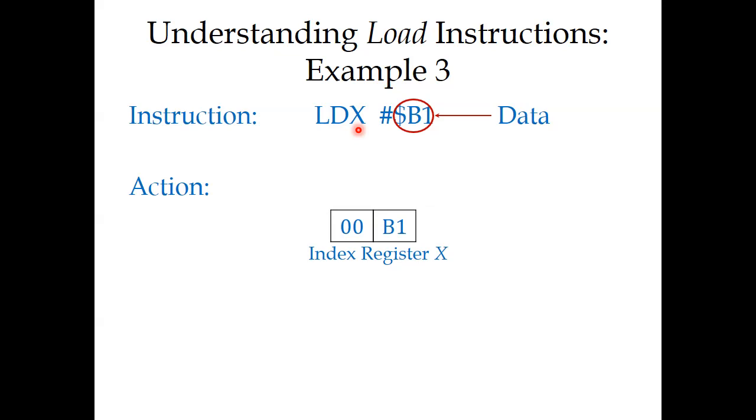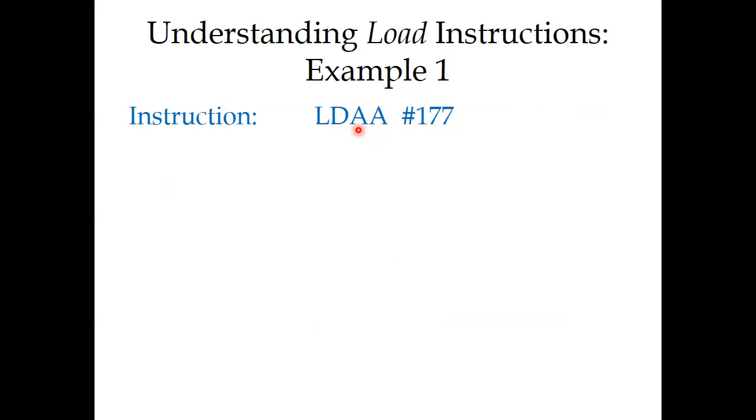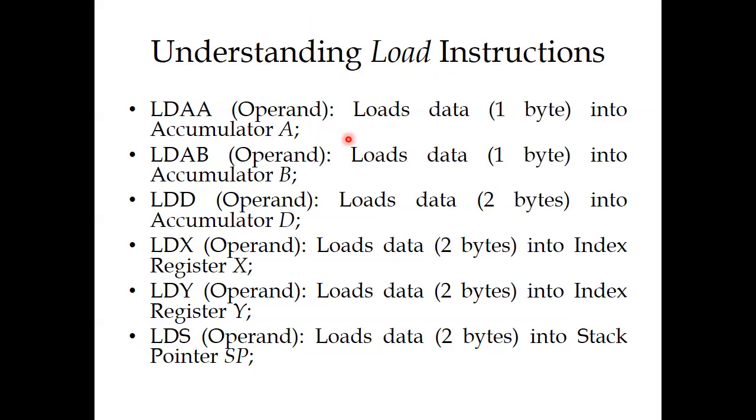I also listed it in one of the slides for all 6 instructions. I wrote where to load: accumulator A, accumulator B, or C, D. If you just hear LDX, load 2 bytes of data into index register X. You may not be loading into an accumulator.